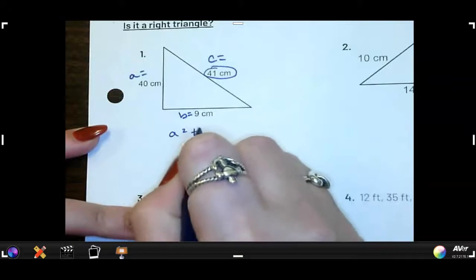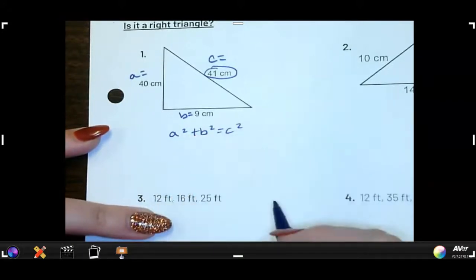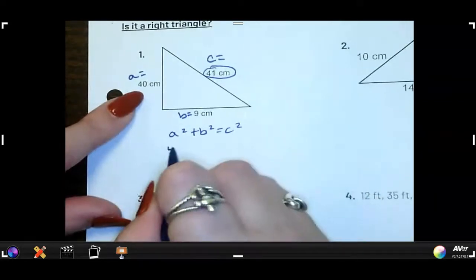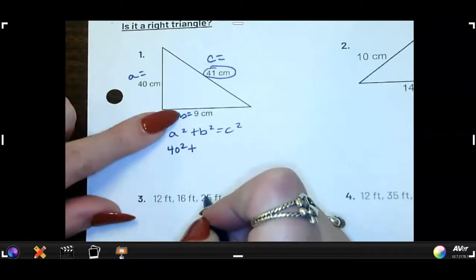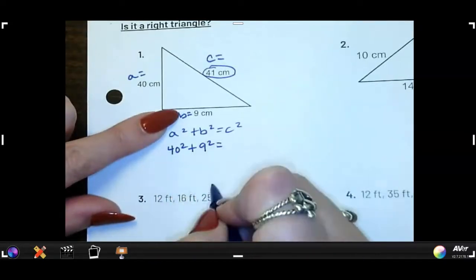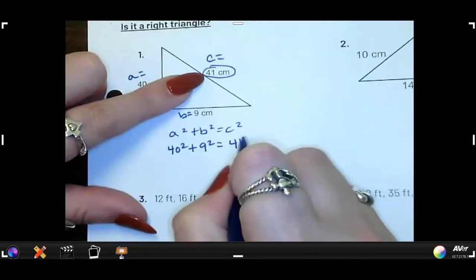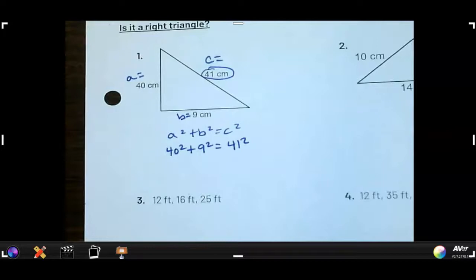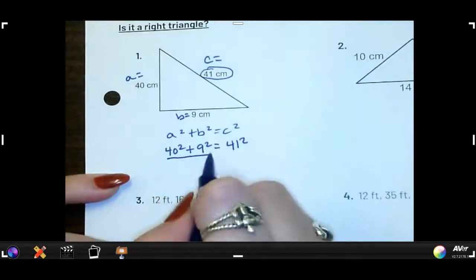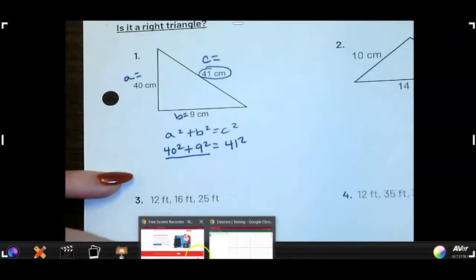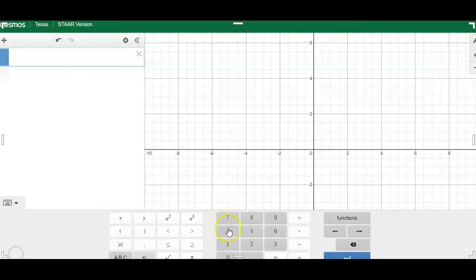So let's go to our formula. A squared plus b squared equals c squared. And now I'm going to substitute in my numbers. A we're calling 40, so this would be 40 squared, plus b squared would be 9 squared, is going to be equal to 41 squared. Okay, and now we just go to Desmos. So we're going to put in 40 squared plus 9 squared. Wow.